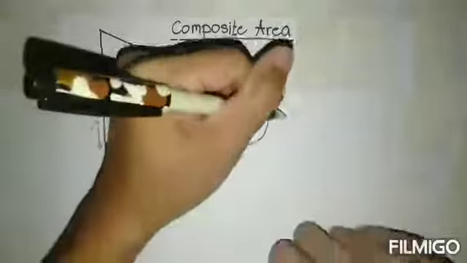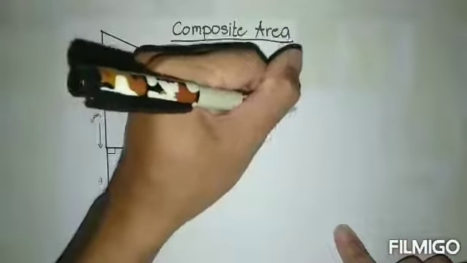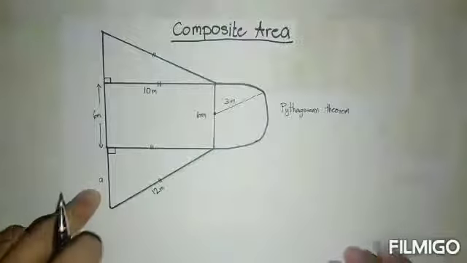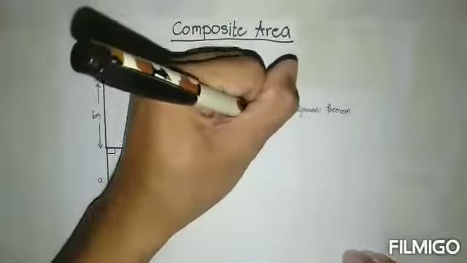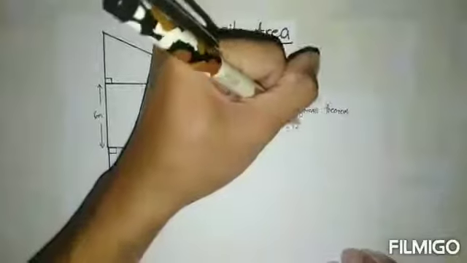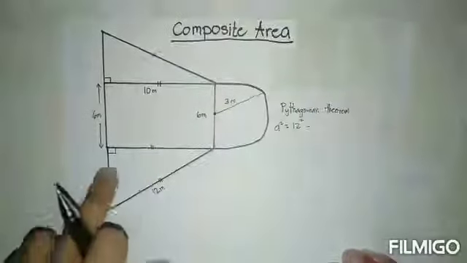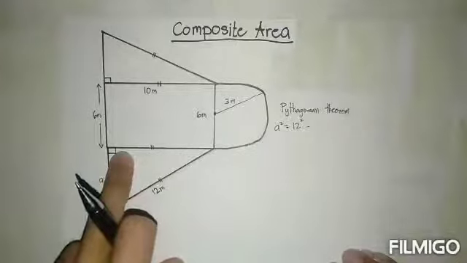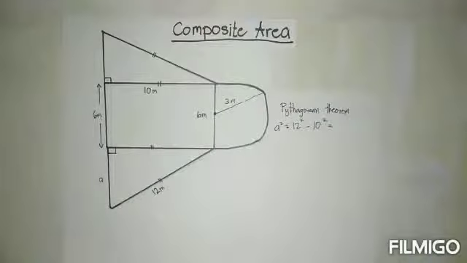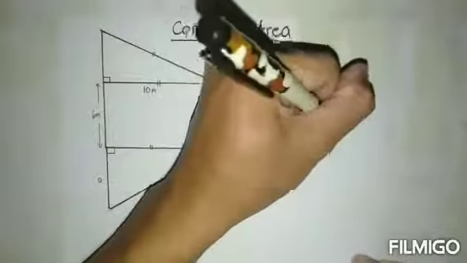We can find it by using the Pythagorean theorem. So A squared is equal to the hypotenuse 12 squared minus the adjacent side 10 squared. Let's use the calculator: 12 squared minus 10 squared is 44.